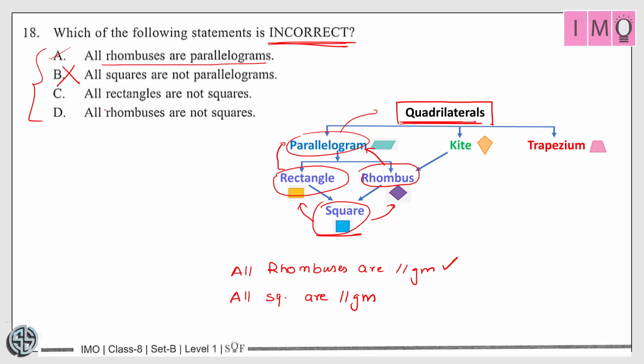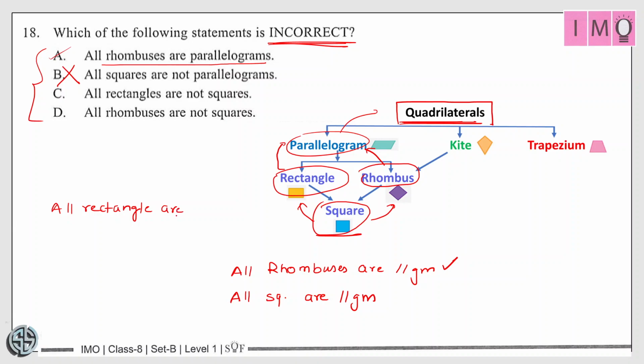If you see option C, all rectangles are not squares, right? We know which quadrilateral is coming below, so we can write all squares are rectangles, and we can write all rectangles are not squares, right? Why?